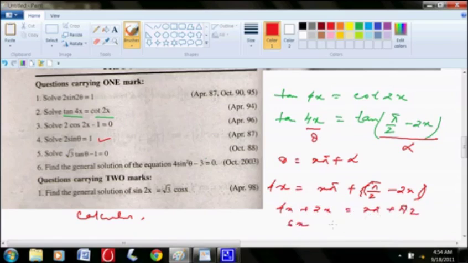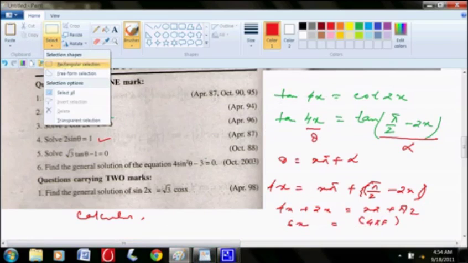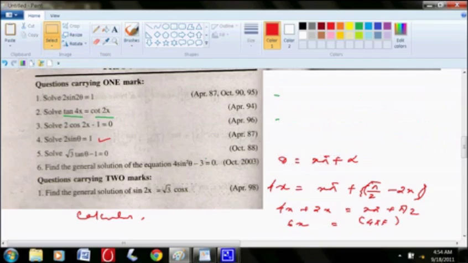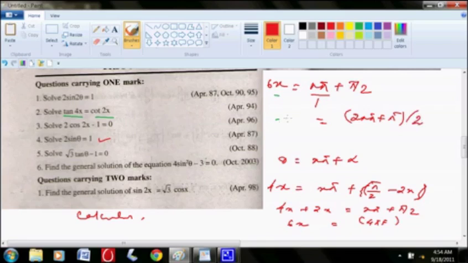So 6x is n pi plus pi by 2. If I take LCM, this becomes 2n pi plus pi whole by 2, and this is 6x.